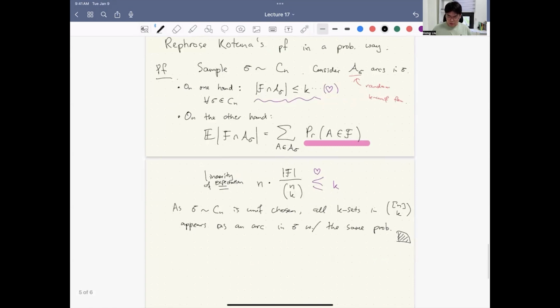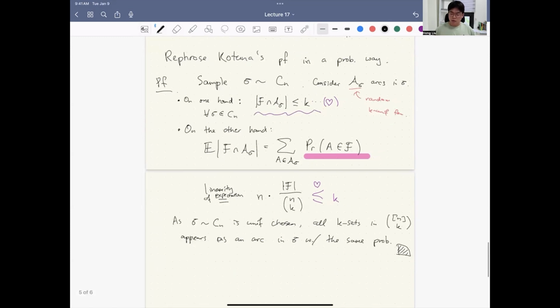All right, so how do we abstract the recipe in this proof? Let me first say it in words, then I will write the recipe down. We have a discrete family of sets we want to bound the cardinality of, which is F here. We don't bound it directly.